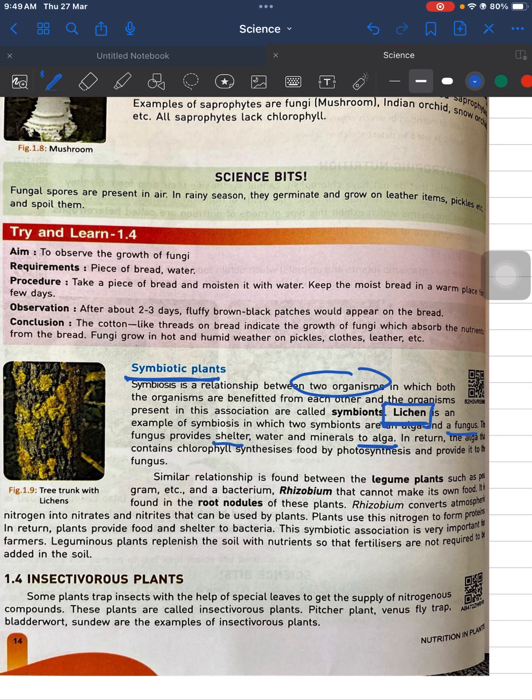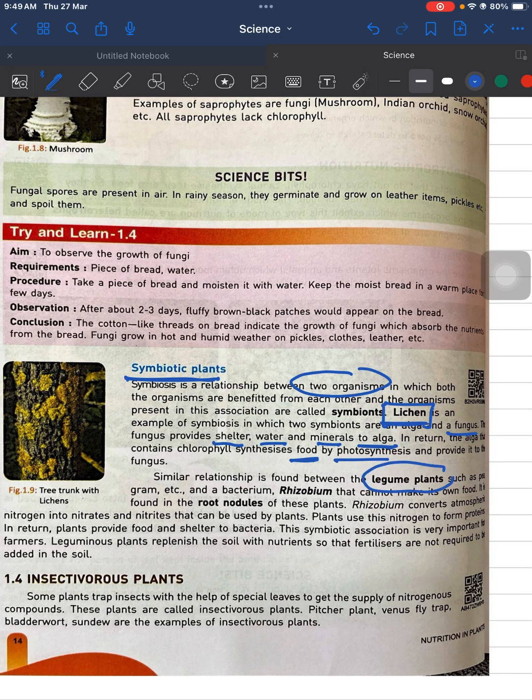The fungus provides shelter, water and minerals to the algae, and the algae by photosynthesis synthesize the food, and this food is then provided to the fungus. So both algae and fungus benefit from each other.